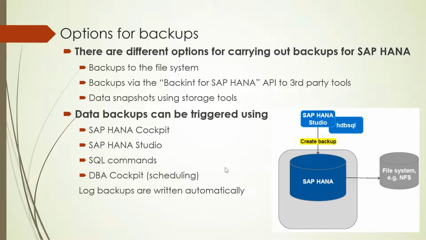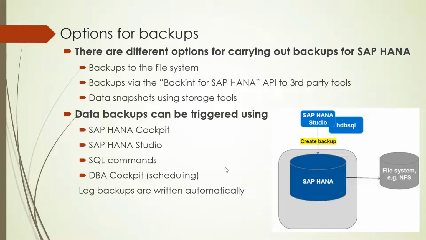For the file systems, we will cover how to take backups on file systems. We will create one separate file system called backups, and then configure the location for the data and log backups.